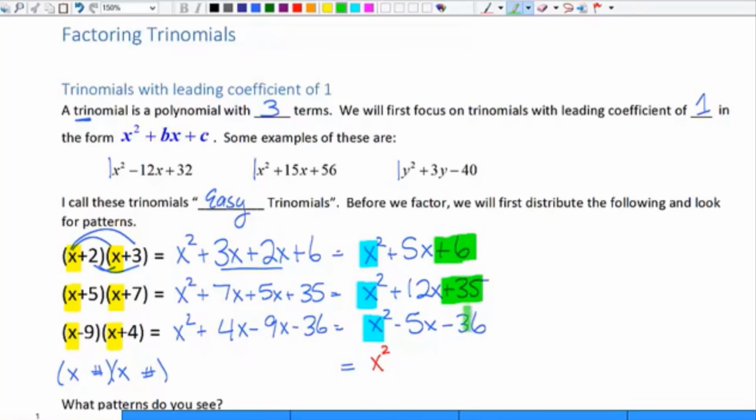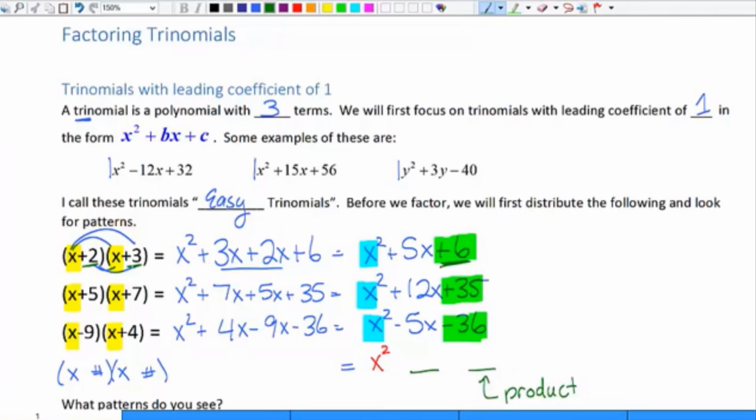We probably should include the sign there as well. And someone will look at that, and they'll look at the numbers that we started with in the beginning, and they will notice that 2 times 3, a positive 2 times a positive 3, turned out to be a positive 6. So in our trinomial here, the last term, which was always a number, turns out to be the product of the two numbers in the original problem.